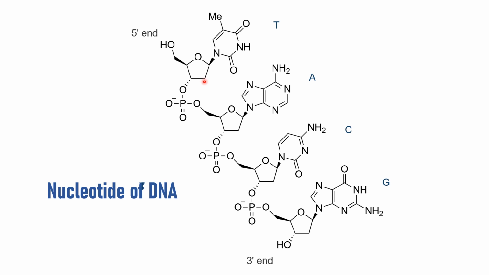So the ribose is deoxyribose, and it is a pentose sugar, and it has the beta anomeric structure. We understand that in a free state it is a reducing sugar, but in this case this ring cannot open, and so it is not a reducing sugar when it is in the DNA structure.